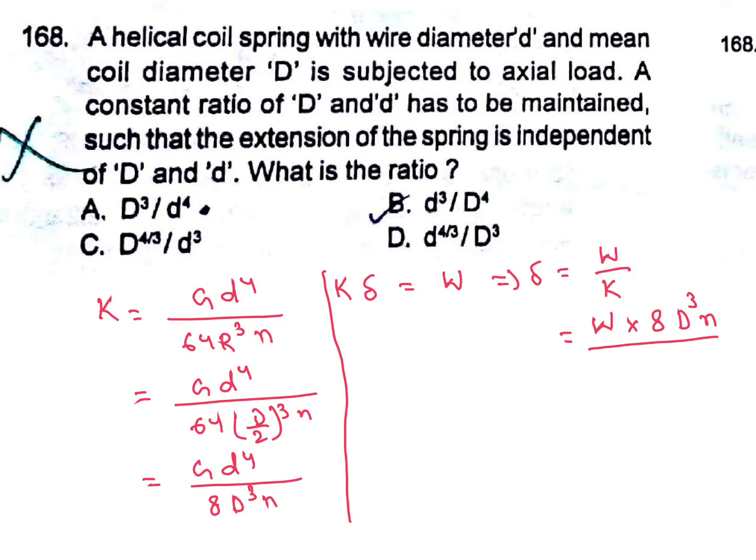So extension is proportional to capital D cube divided by small d to the power 4, wire diameter to the power 4. So from the options, A is our answer. Extension of the spring is independent of the capital D and small d ratio.